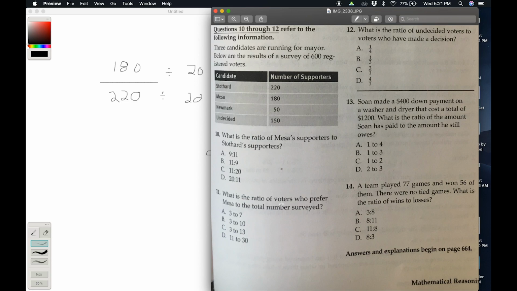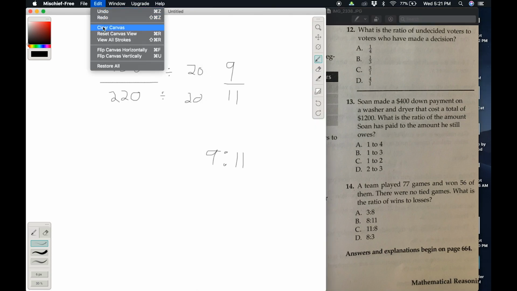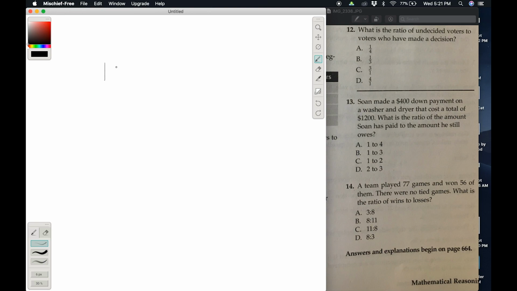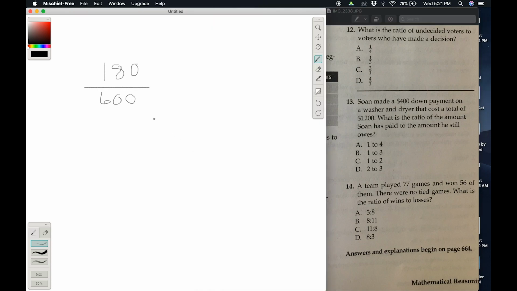Number 11: what is the ratio of voters who prefer Mesa to the total number surveyed? So remember, the total number surveyed is 600, and for Mesa it's 180. Let's see what type of answer they are looking for. Like 3 to 7 and so on.